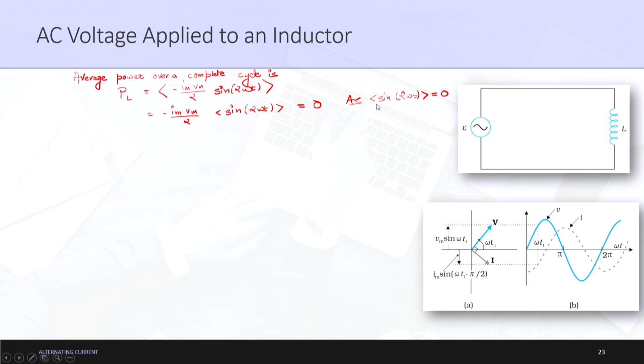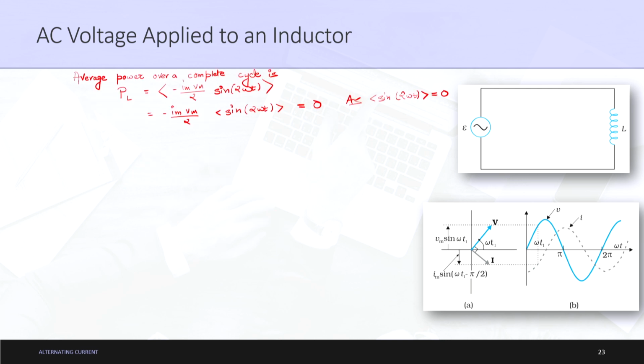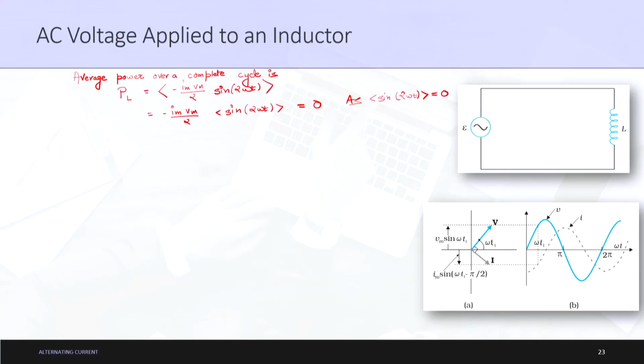But please remember, the instantaneous power supplied to the inductor always has some value, minus Im Vm by 2 into sin 2 omega t, while the average power over one complete cycle is always 0. That is how this concept is explained.